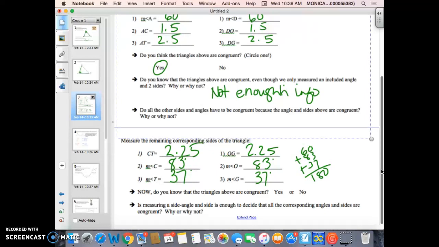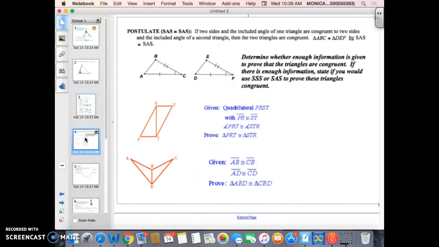And so now do I know the triangles are congruent? Yes. So is measuring the two sides and the included angle enough? Yes. It has to be the two sides and the included angle though. And what we call this is postulate SAS, side angle side. If two sides and the included angle of one triangle are congruent to two sides and the included angle of a second triangle, then they are congruent by SAS.